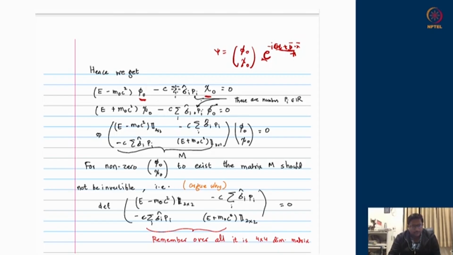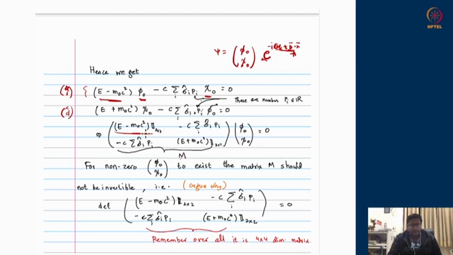So these pairs of two doublet equations, each 2 cross 1, meaning some AB for phi naught and some CD for chi naught, should satisfy that. We want to know what is the doublet phi naught and what is the doublet chi naught. So these equations can together be written as E minus m naught c square times the 2 cross 2 identity, acting on phi naught chi naught.